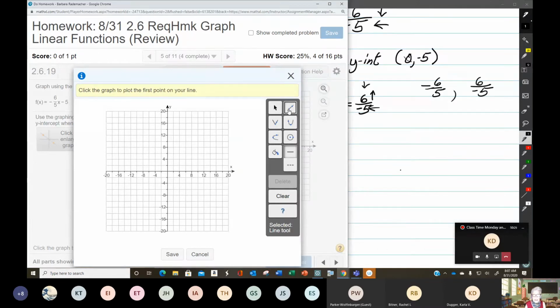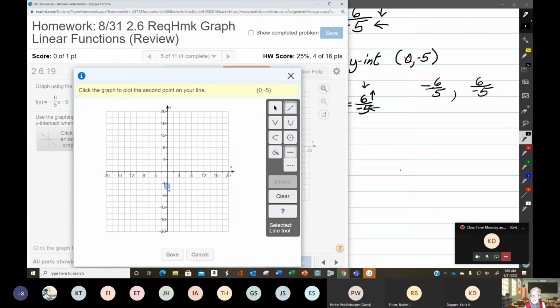I'm going to click on the line, and the first thing I'm going to do is click on -5, and I look for agreement in the upper right-hand corner on the yellow banner. It tells me I'm at 0, -5. And it still says that.